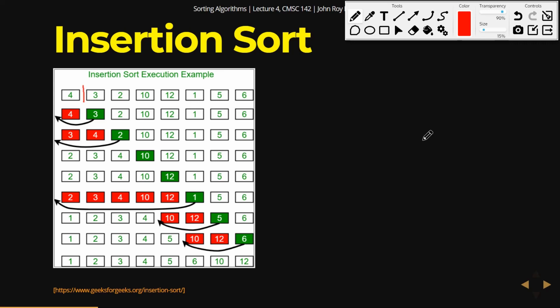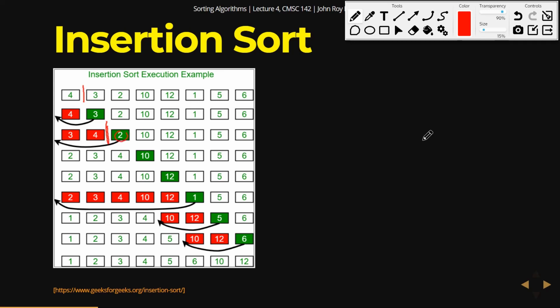Okay, so now 3, where should 3 go? So we'll compare it with 4. Now if it's less than 4, we should insert it before this number 4. Okay, and so when we swapped it out here, this part is already sorted. Okay, 3, 4.